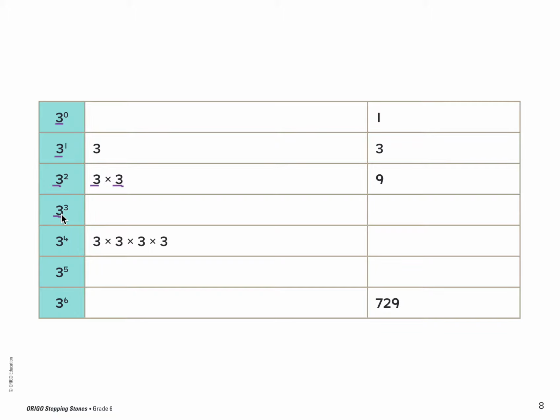Next up, we have 3 to the third power, or 3 cubed. 3 times 3 times 3. 3 times 3 is 9, times 3 is 27.